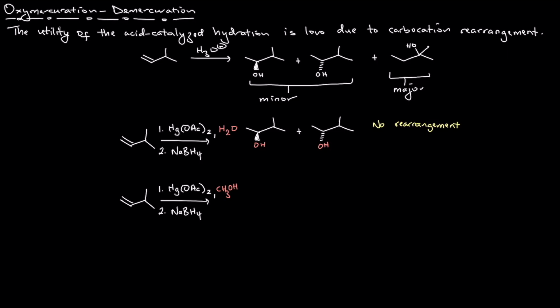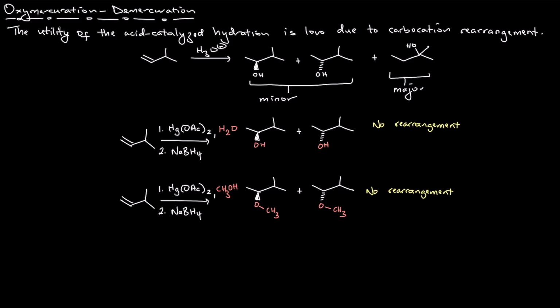But water is not the only nucleophile that can engage in this type of oxymercuration-demercuration reaction. Change the water to methanol, for example, or pretty much any alcohol. Essentially, what is going to happen is the OH group is replaced with an OR group, in this case, an OCH3 group. So the products of this oxymercuration-demercuration are two stereoisomers of your product.